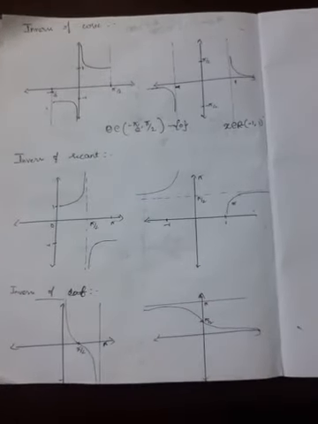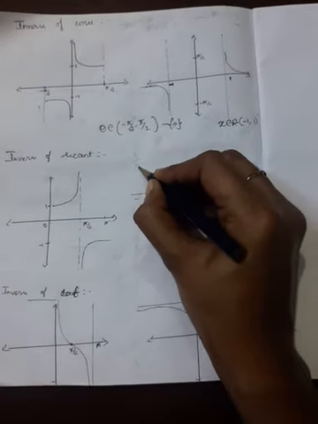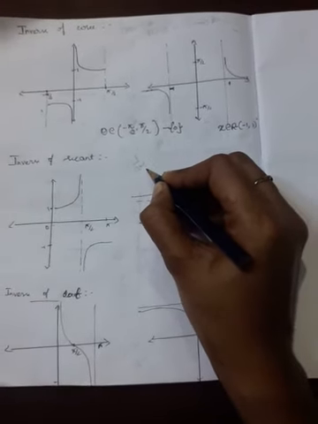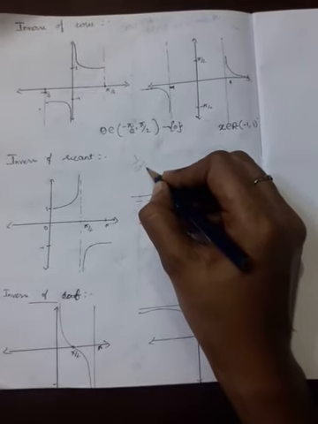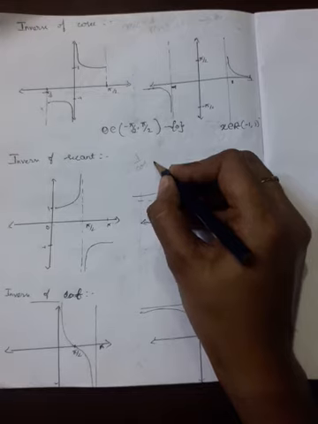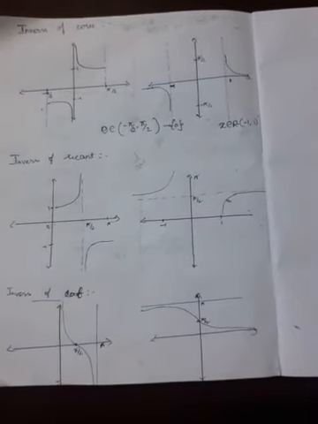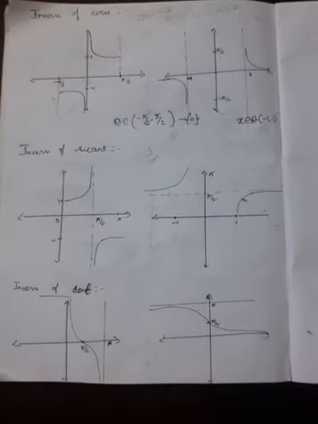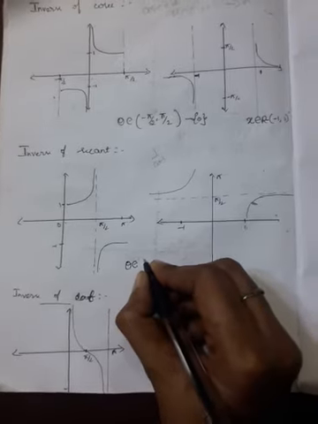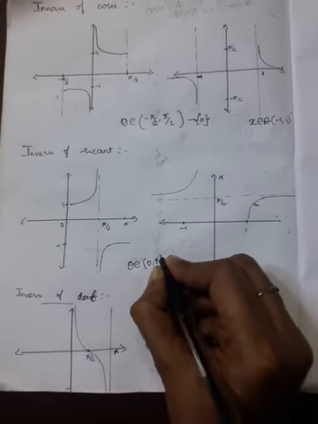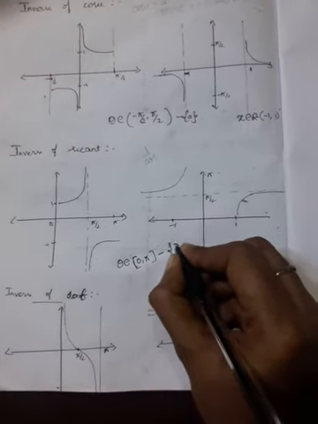In the inverse of secant function, you know that secant is 1 by cos. Cos does not exist when theta is equal to 90 degree. You know that cos 90 degree is equal to 0. The whole value tends to infinity when theta is equal to 90 degree. Therefore theta belongs to 0 to pi except pi by 2.